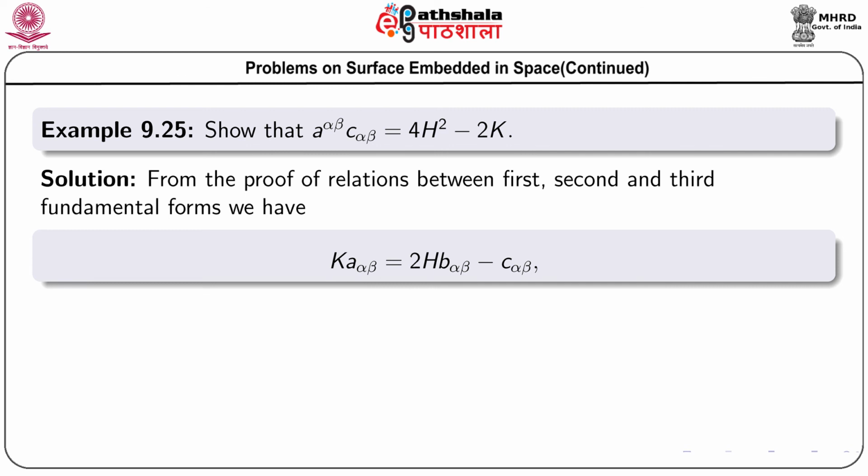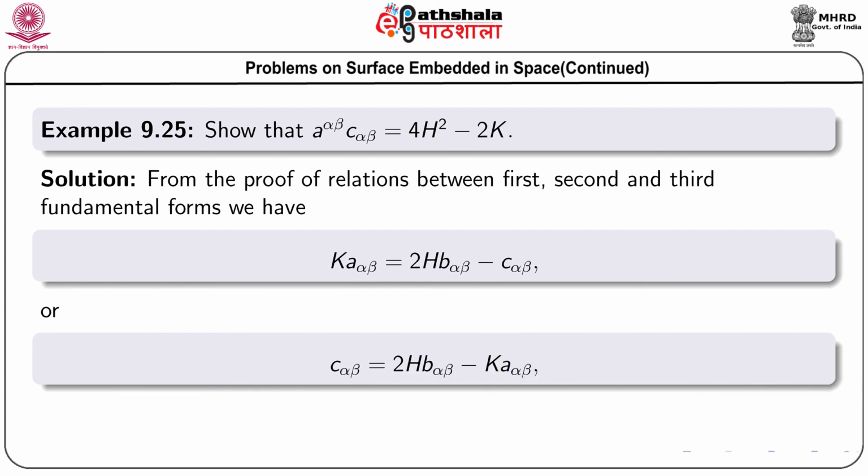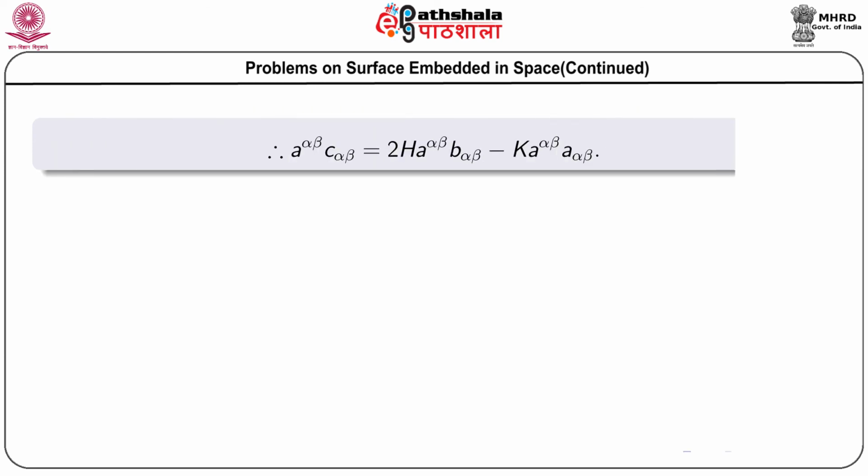So, from this expression, just transforming the equation in this form, C alpha beta equals 2 h B alpha beta minus k A alpha beta. Now, taking inner product with A upper alpha beta, that is the reciprocal tensor of A alpha beta, on both sides we have A upper alpha beta C alpha beta equals twice h A upper alpha beta B alpha beta minus k A upper alpha beta A alpha beta.